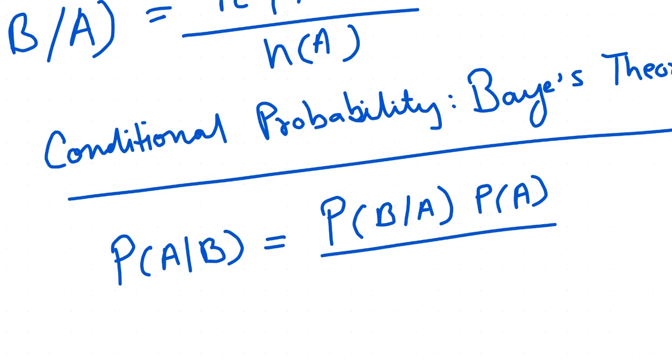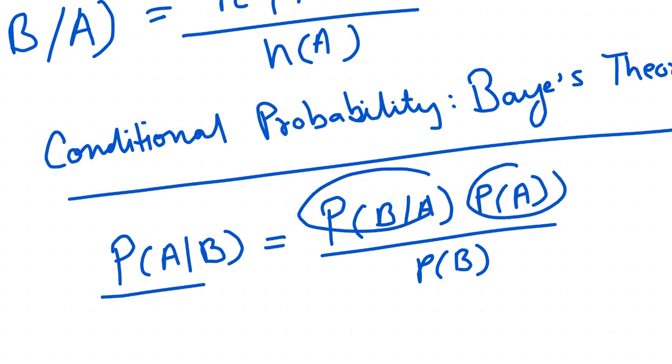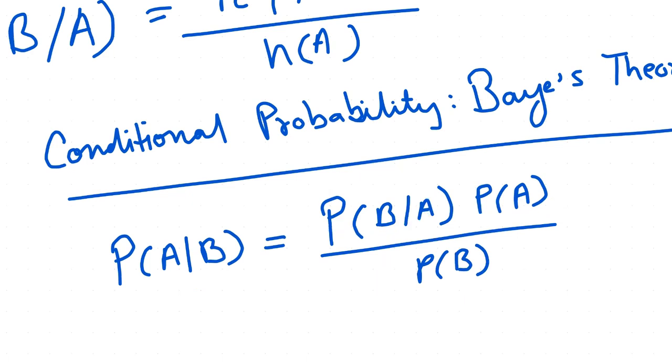If we have any three values, we can find the fourth one, because here we have four values, so they can give you any three and you need to find the remaining one. Got it? This is Bayes theorem.